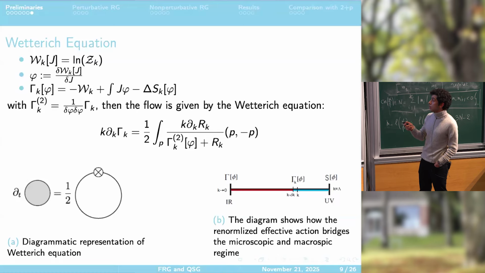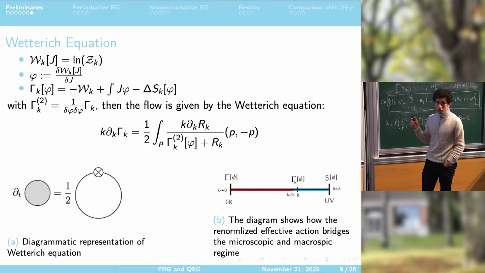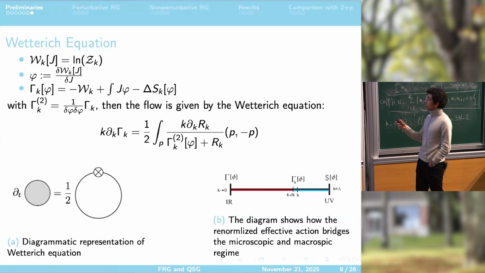This introduces the effective average action gamma k. And this effective average action is exactly what we need to bridge between our microscopic action at the ultraviolet limit and the effective action at the infrared limit.